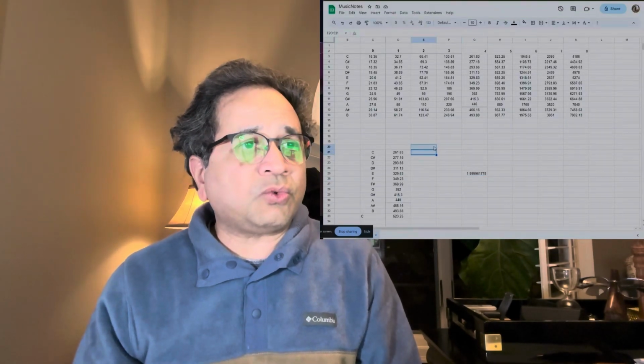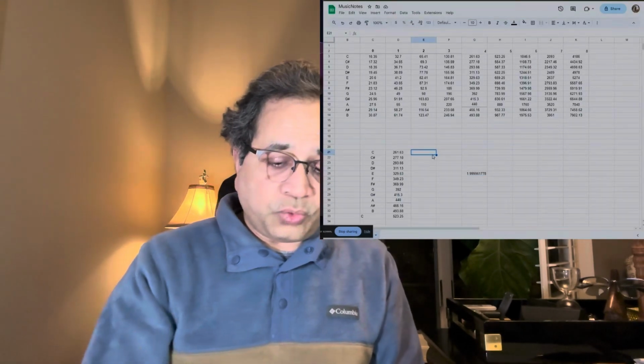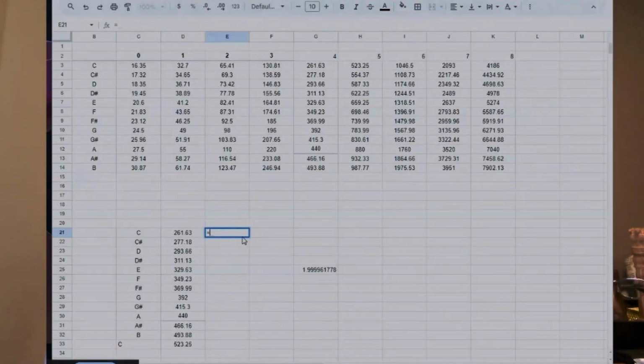Now let's observe what was actually done. In order to figure out what was actually done, let's add a formula here in this cell. So what we shall do is we shall take the immediate adjacent note's frequency and subtract from it the current note frequency.